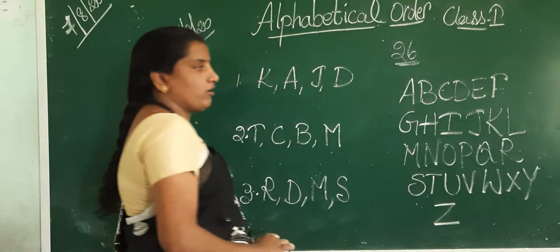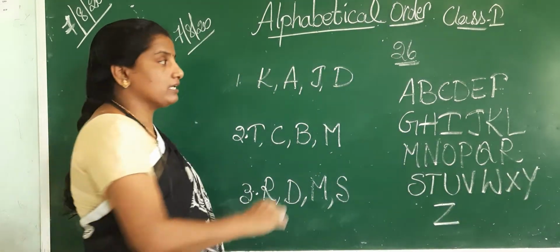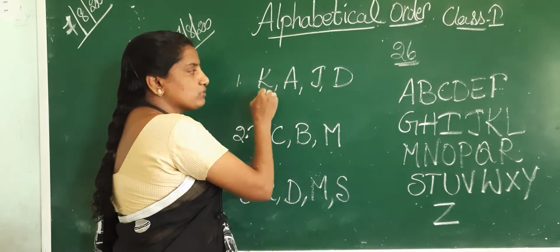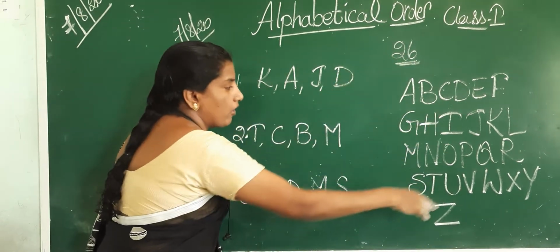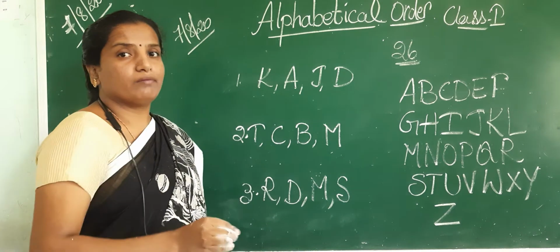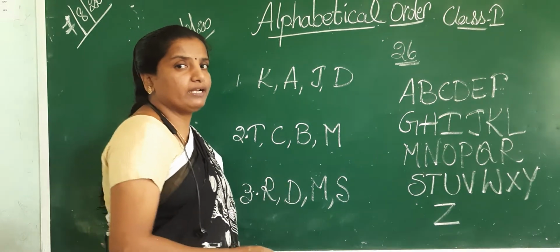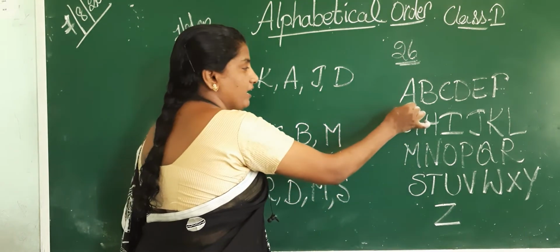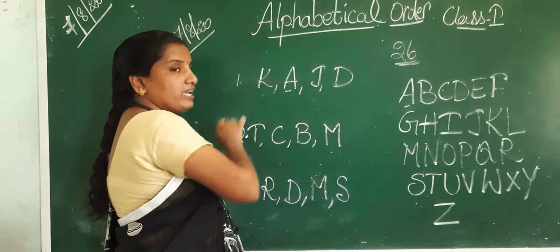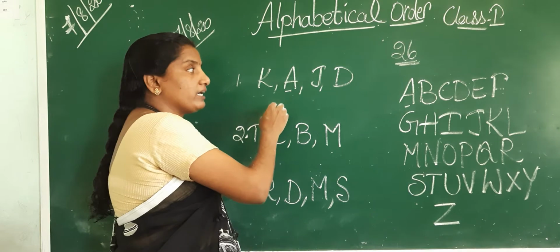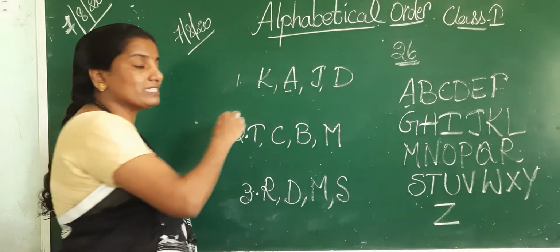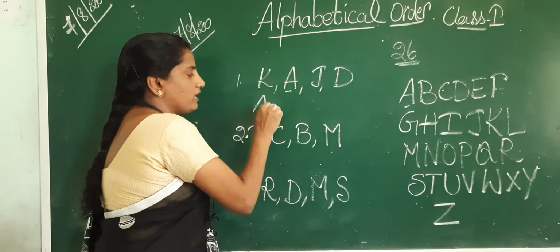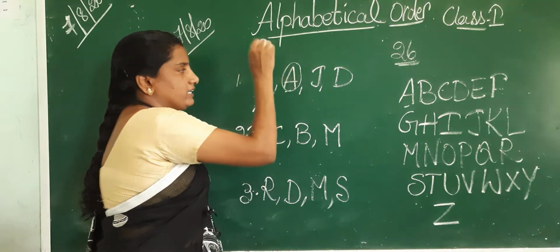Now this is the alphabetical order sequence. If you observe these 4 letters in this order, which letter comes first? Easily you can identify. A. So A is completed. Circle it.